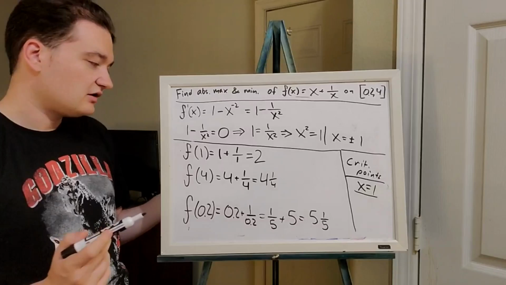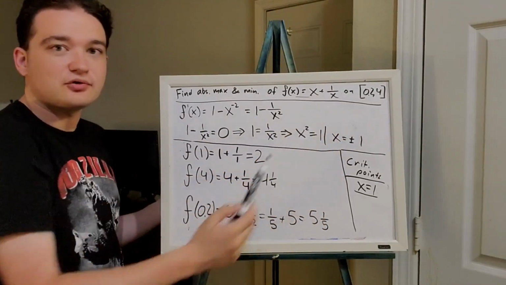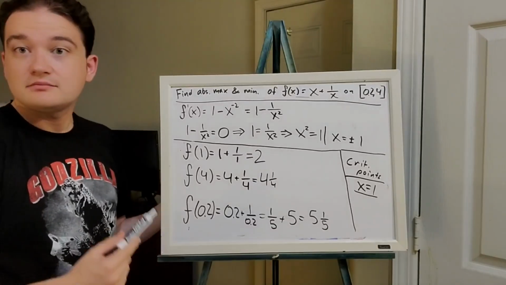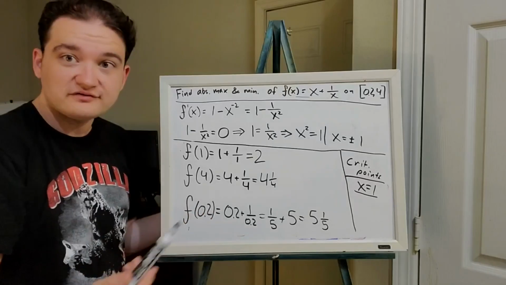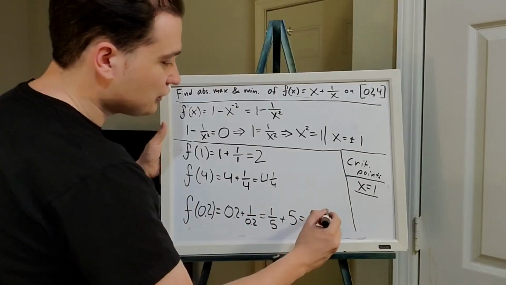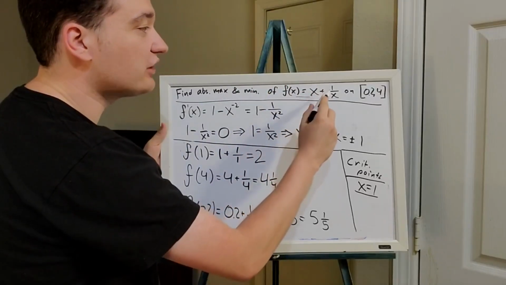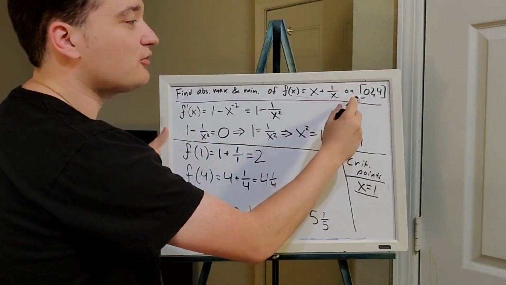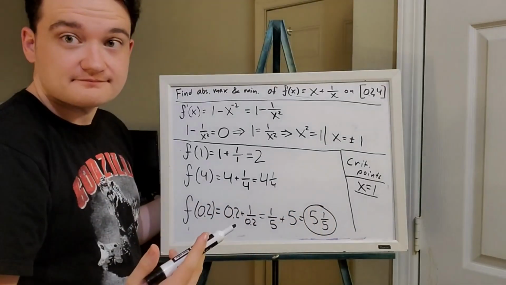Okay? Well, we've investigated our critical points and our endpoints. We have heights. Which one is the biggest? 5 and 1/5, right? So the absolute maximum value of x plus 1 over x on 0.2 to 4 is 5 and 1/5. Cool.